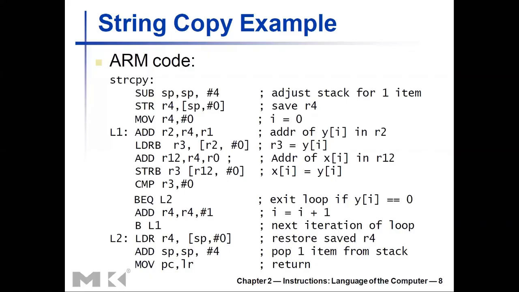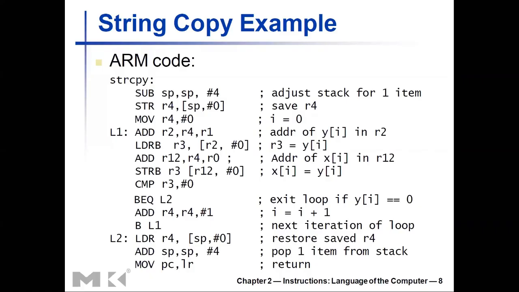The null character is stored at the hardware level as 0. The hexadecimal, binary or decimal representation, the encoded value of the null character, is 0. That is why we are checking whether R3 is 0.